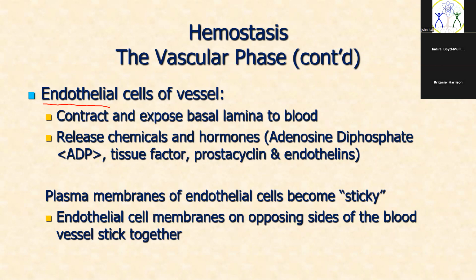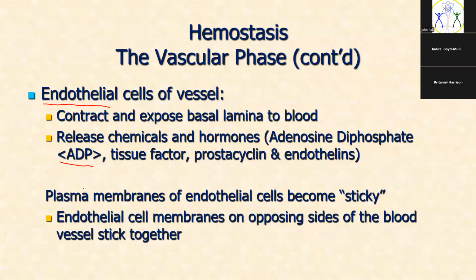So you expose the basal lamina, the basement membrane. And that now allows chemicals to interact with that basal lamina. Then we have the release of chemicals and hormones from the endothelial cells. It mentions ADP, adenosine diphosphate.